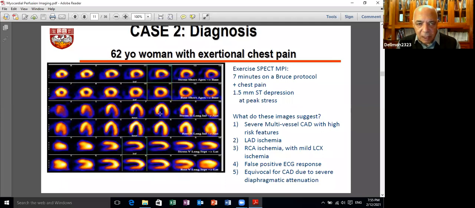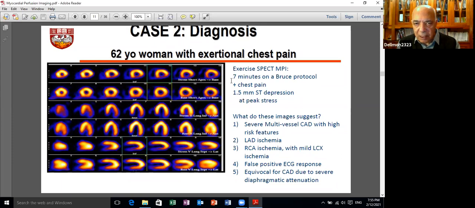You cannot be secure in the diagnosis unless you find the findings consistent in three cuts in series. So at the same time, you should very seriously take into consideration the results of the exercise test. Go from what you know, which is the exercise test, to what you don't know, which is the myocardial perfusion scan.